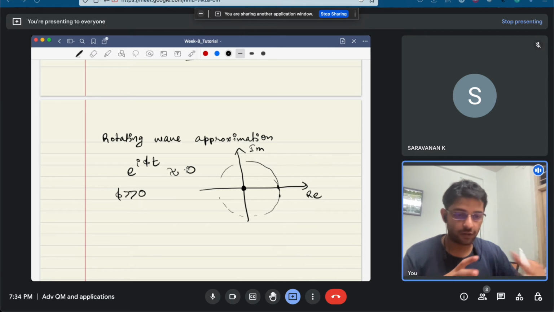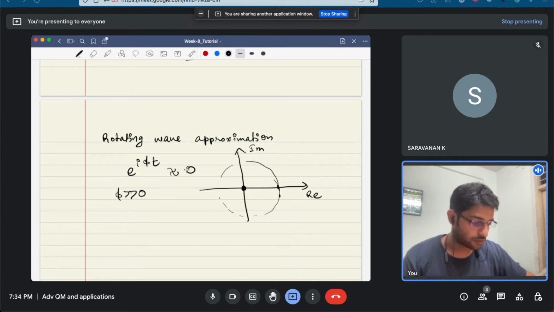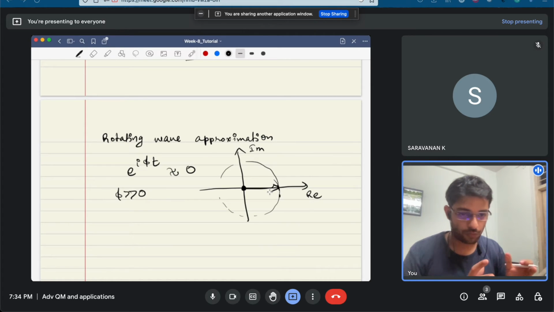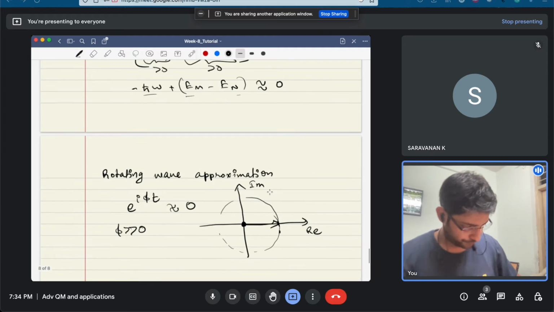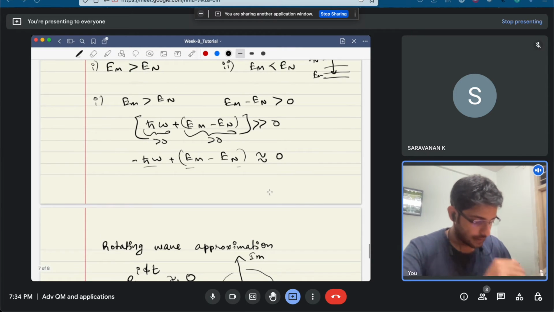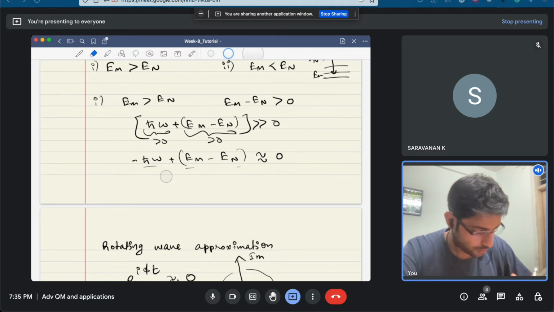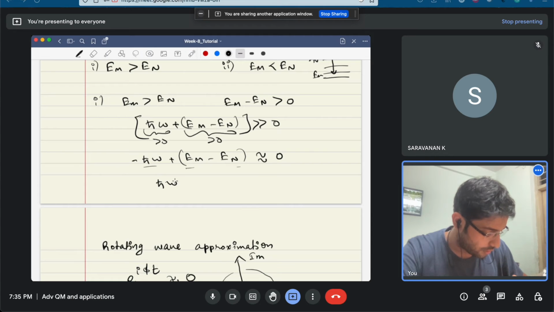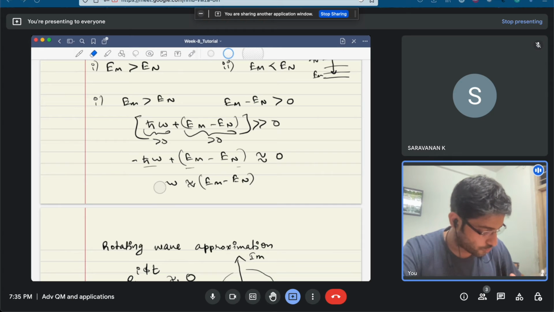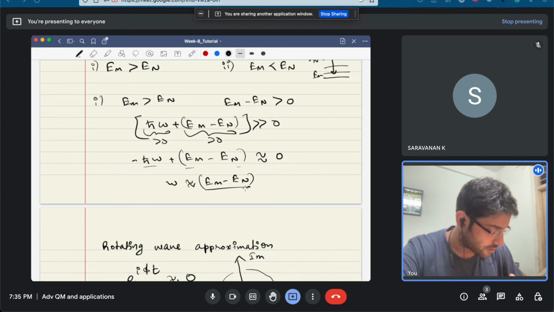This vector is rotating, and because of the very high frequency of rotation, it averages out to 0. So the ultimate message is that your h bar omega is closer to Em minus En, and this is what we call your resonance frequency.